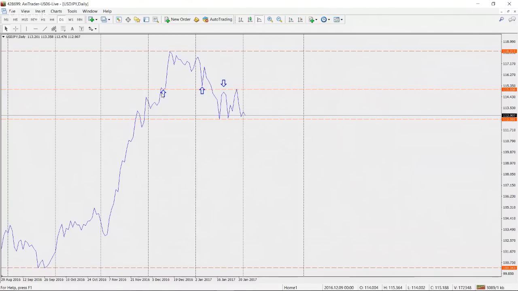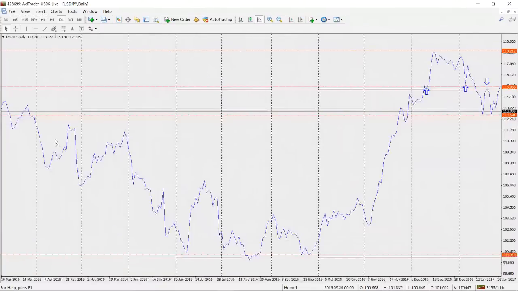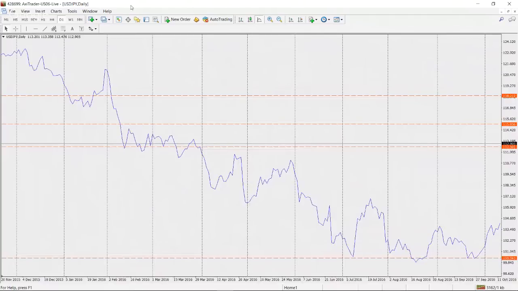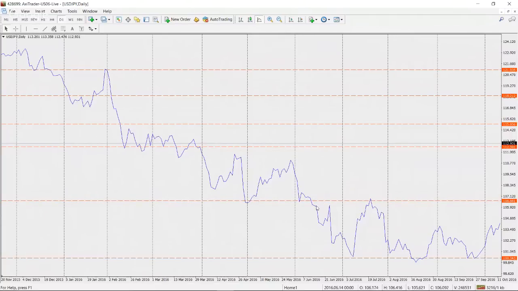It's the Kiwi, and the CAD yen to a lesser extent, but you can see this sort of move where it breaks a level, comes back down and bounces off of it. It's a really good way to trade, I've found, and many other traders I know, is to trade that bounce like that.